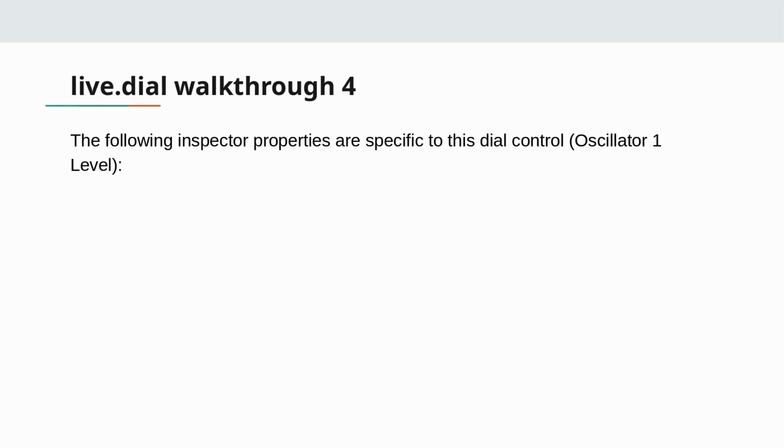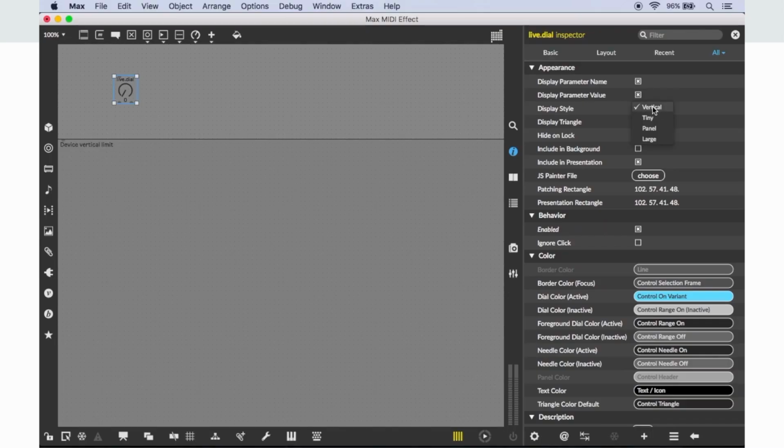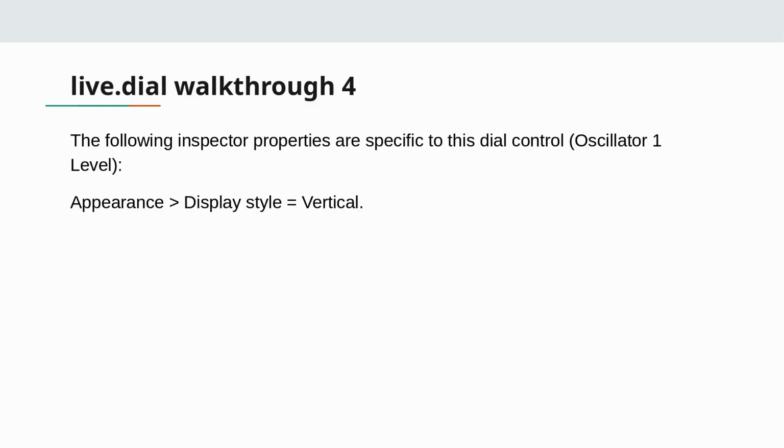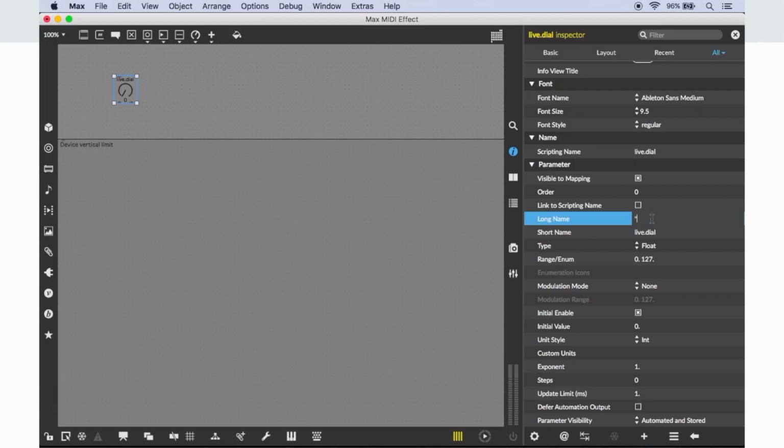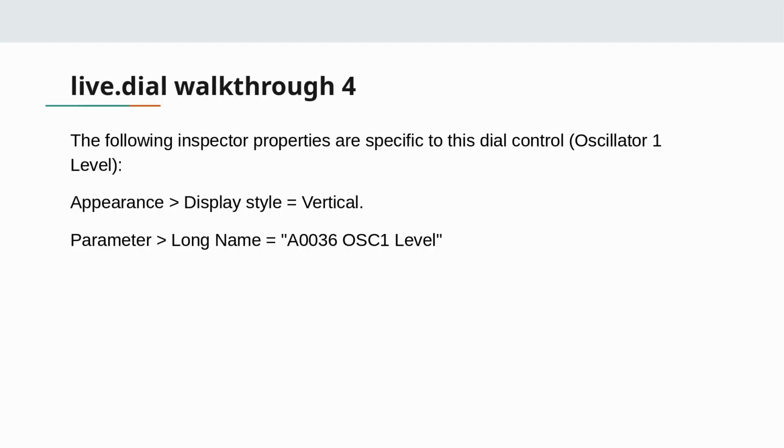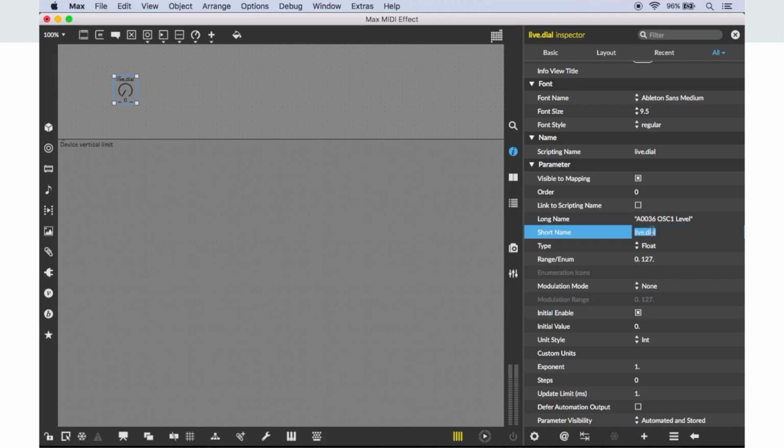The following inspector properties are specific to this dial control, oscillator 1 level. Appearance, display style, vertical. Parameter long name A36 oscillator 1 level. Parameter short name O1.